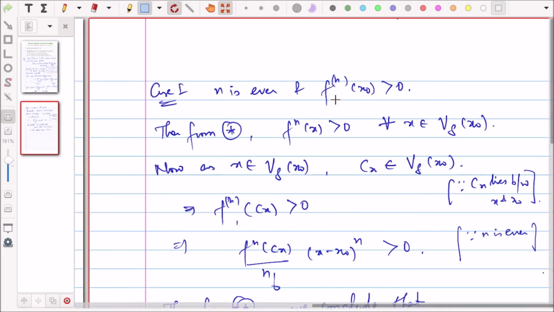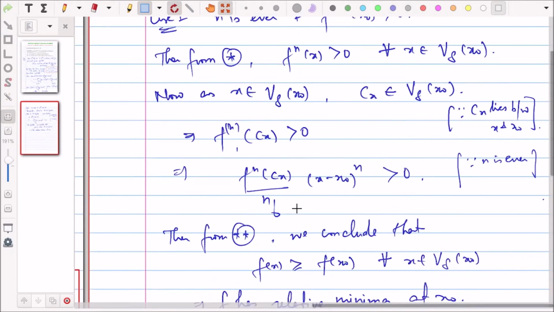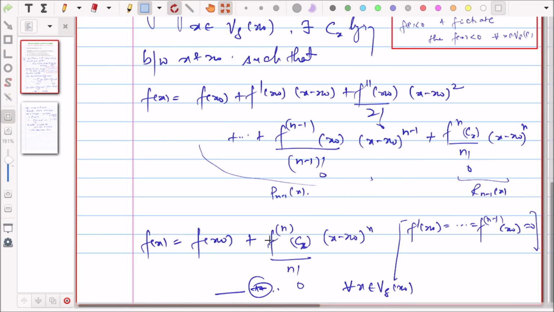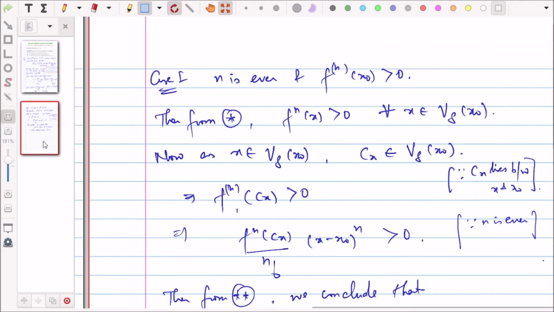So now here we have taken the case when f^n(x naught) is positive, so in that case f^n is positive in this interval, and since x belongs to V delta of x naught, c_x belongs to V delta of x naught, and consequently your f^n(c_x) is positive. And f^n(c_x) positive means this term is positive, this is your R_(n-1)(x). And that is positive means from here if you see double star, f(x) is f(x naught) plus this. So if this is positive, that means f(x) is greater than or equal to this, right? Is it fine, everyone?